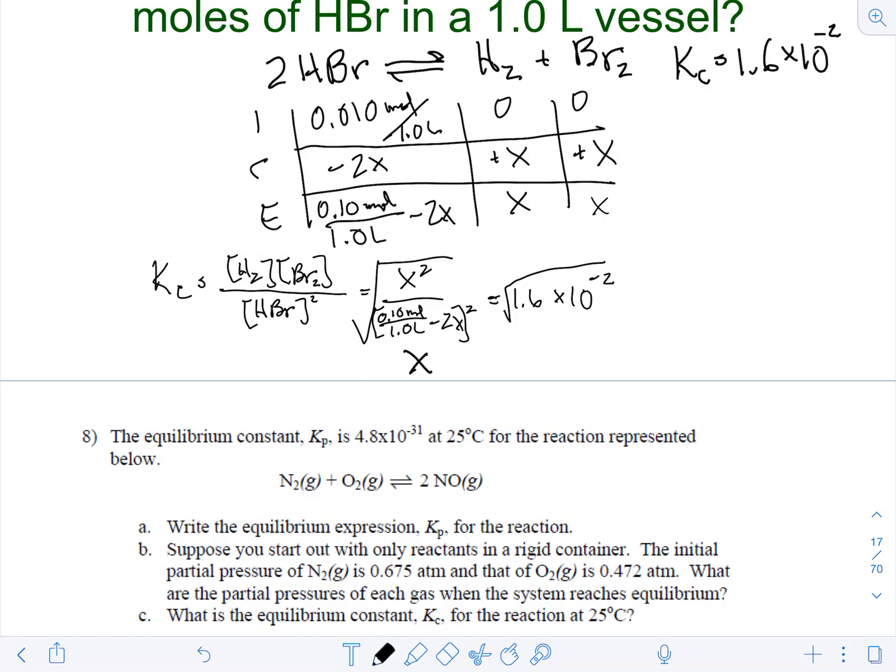So when I do that, I end up with x over 0.10 moles over 1 liter minus 2x, and that's going to be equal to 1.6 times 10 to the negative second. Okay. Now I think I'm going to move this over just because I'm running out of room here.